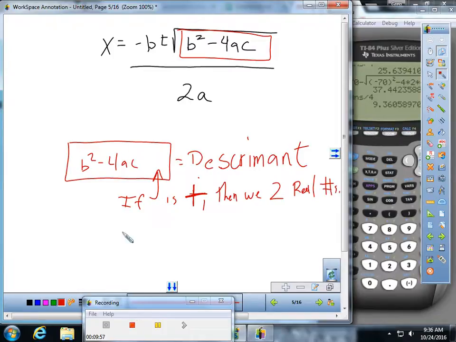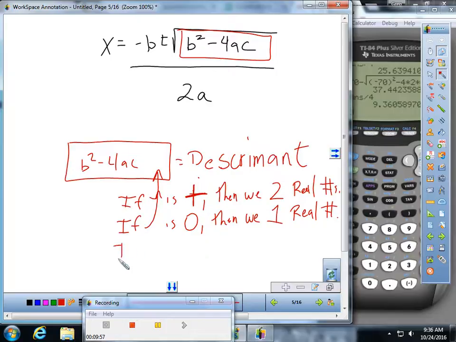If this thing is 0, then we have one real number answer. And the reason why is because we're going to do plus or minus 0, and plus or minus 0 is the same thing.